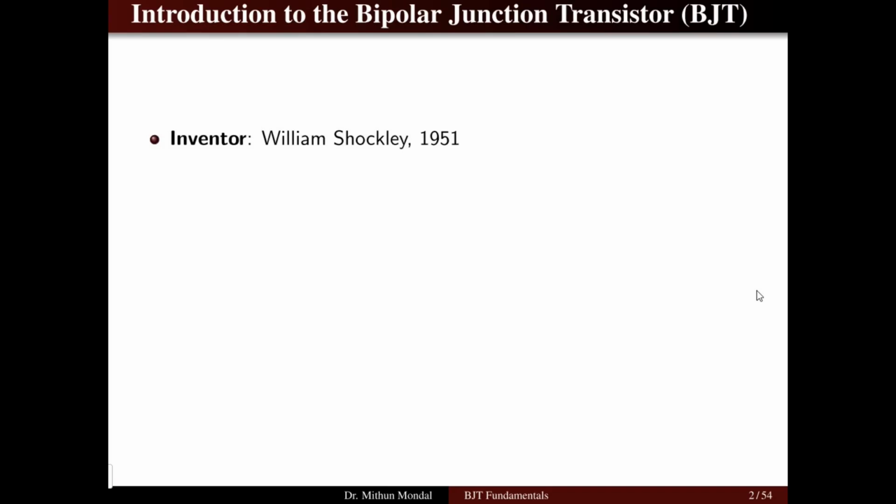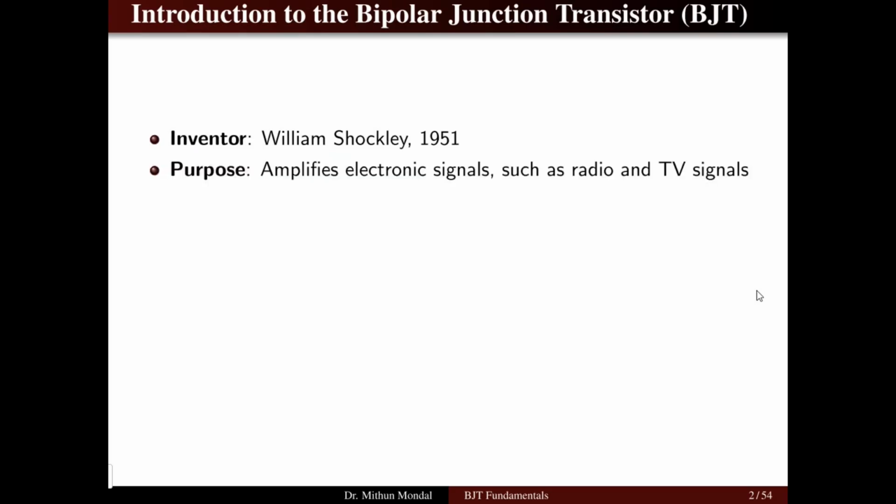The BJT was invented by William Shockley in the year 1951. The basic purpose of BJTs is to amplify electronic signals, which are basically used in radio and TV signal transmission.